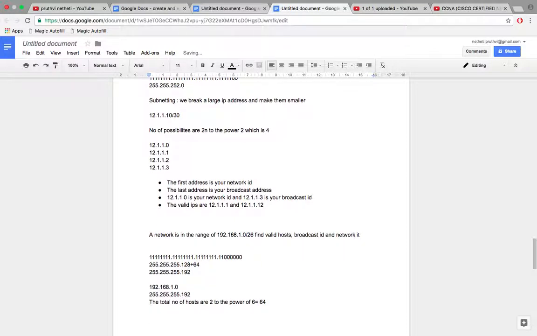So the network will be in the range of 192.168.1.0 to 192.168.1.63. 0 to 63 is 64. Now 0 is the first one, the start of your network. So what happens here?